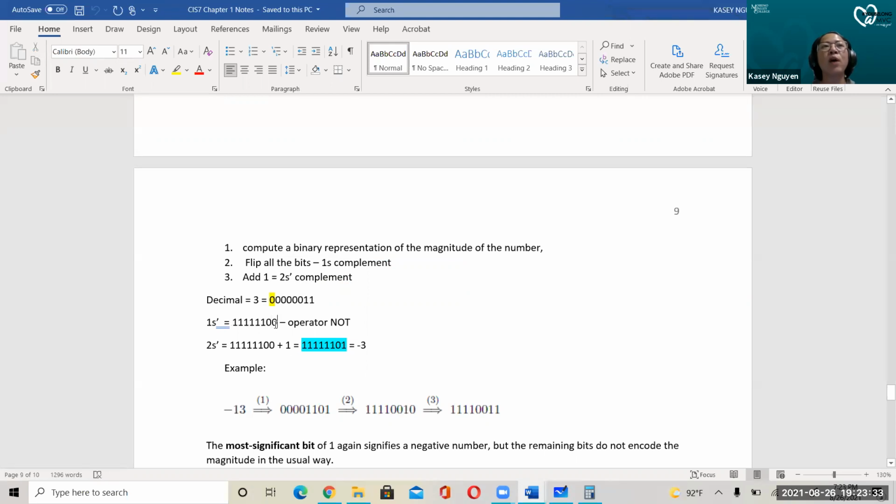That's what we call the 1's complement. Now to really sign it, we have to add just 1 to the binary value, and that's going to make it a -3.